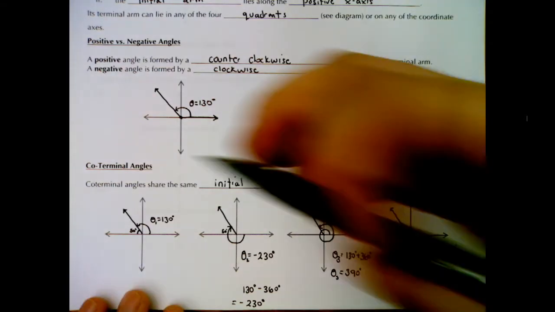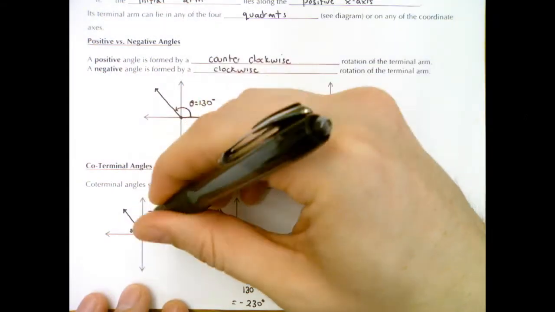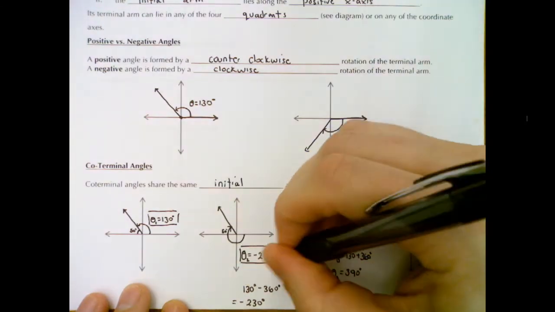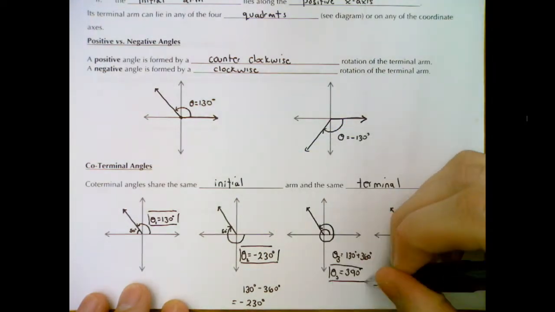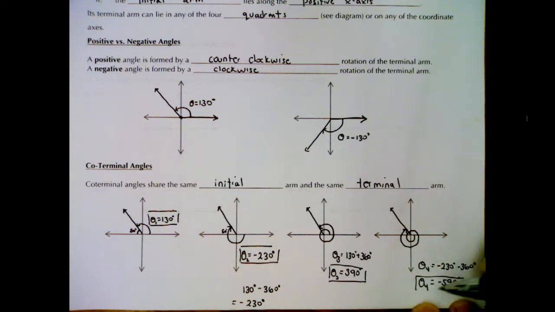So all of these angles, 130, negative 230, 390, and negative 590 are coterminal angles.